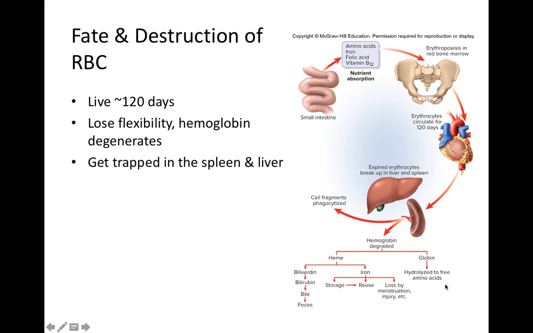You can make new proteins out of those, basically recycling the parts, if you will. The heme group is going to get broken into biliverdin, which will eventually, through several processes, end up in the fecal matter. And then the iron is going to get stored and reused eventually for making new red blood cells.